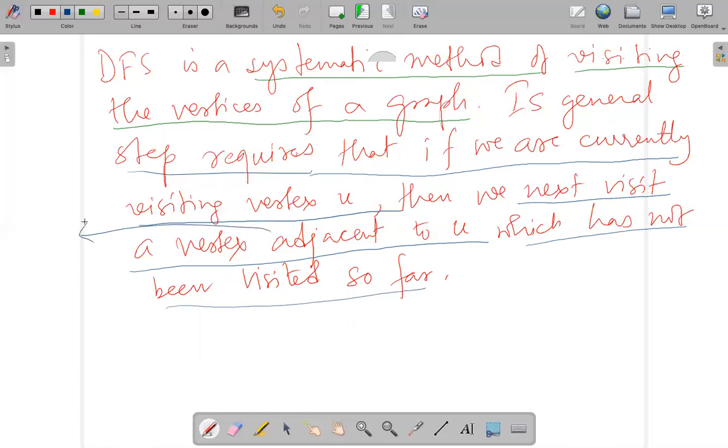So I remind you that adjacent means a neighbor of U in the graph. Just to recap. Okay.